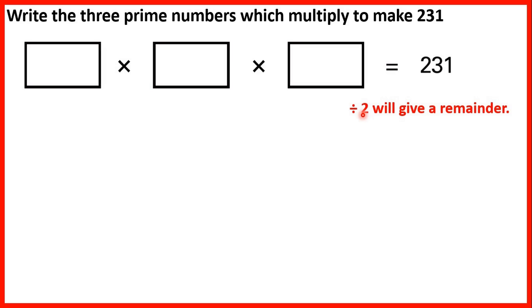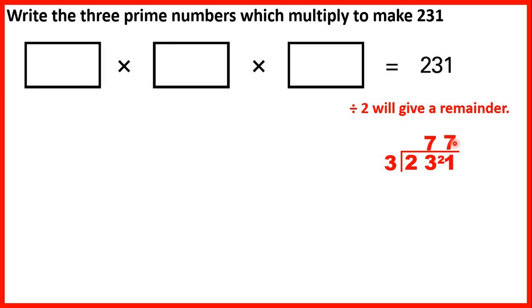Now 2 is a prime number, but if we divide 231 by 2, that will give a remainder, and we can't multiply two numbers to get a remainder. So rather than dividing by 2, let's try dividing by 3, because 3 is a prime number as well. 3 is only in the 1 times table and the 3 times table.